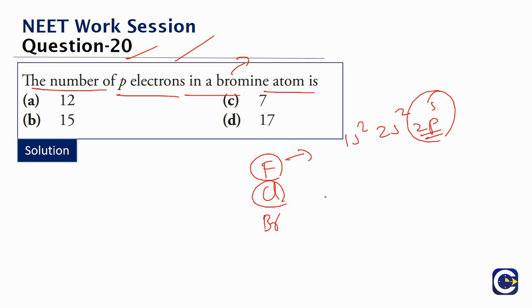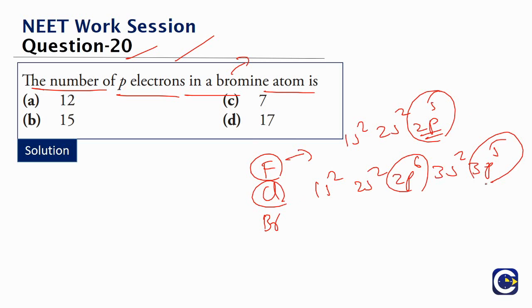Chlorine will have 1s2, 2s2, 2p6, 3s2, 3p5. So the 2p level is filled, and then 3p will have 5 electrons. Then the bromine case: 2p would be filled, 3p is also filled, then 4p would have 5 electrons.